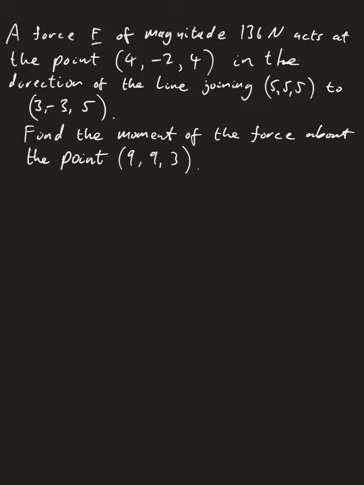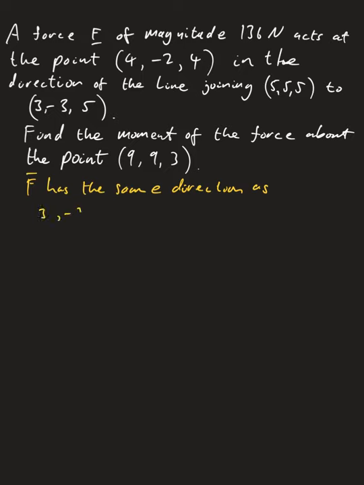The first thing I'll do is get a vector in the direction of that force F. So F has the same direction as this vector, the one joining 5, 5, 5 to 3, minus 3, 5. I'm just going to subtract them from each other.